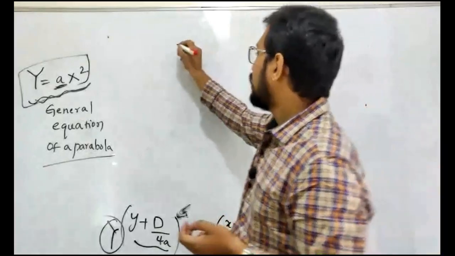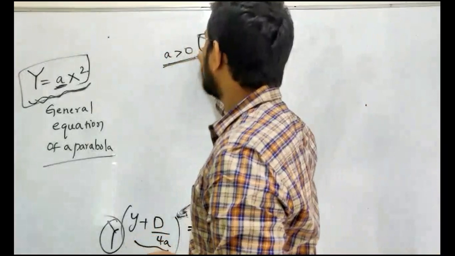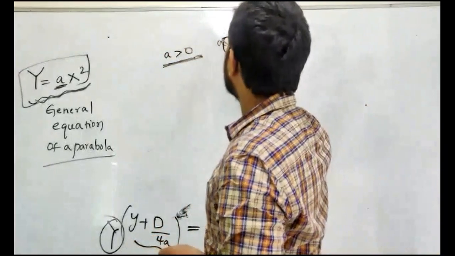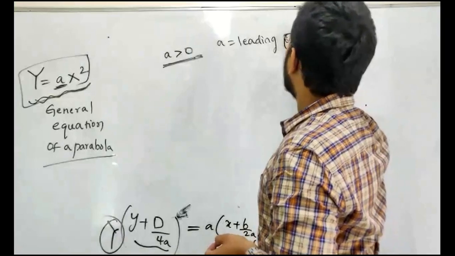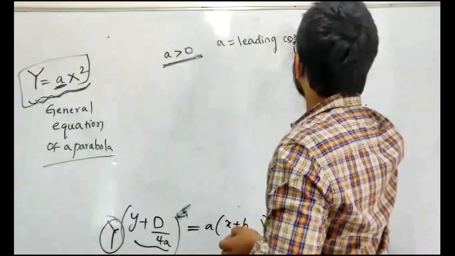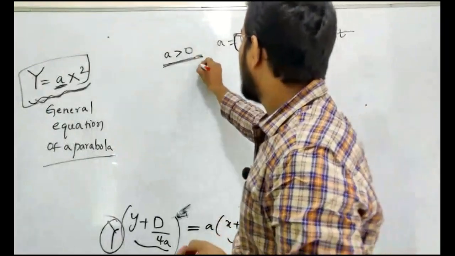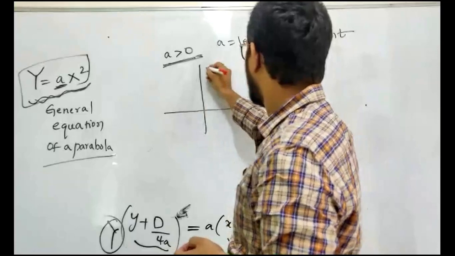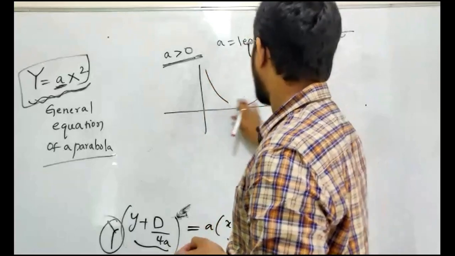Generally, if a is greater than 0, what is a? a is the leading coefficient. If a is greater than 0, the parabola looks something like this.